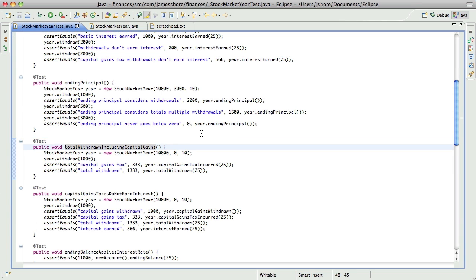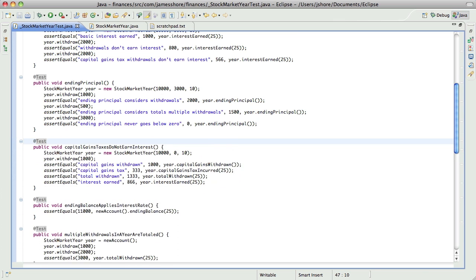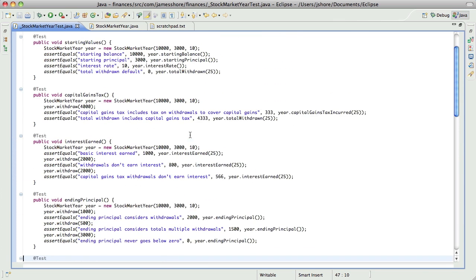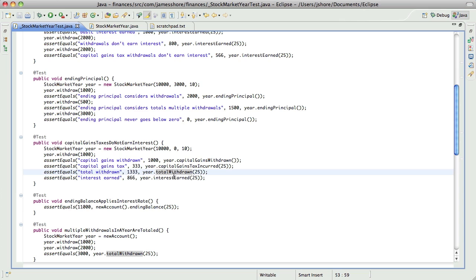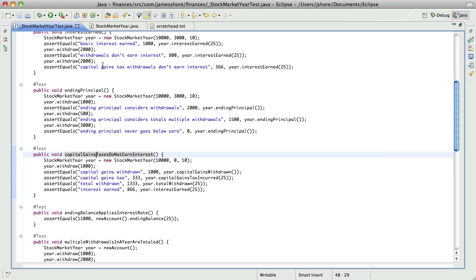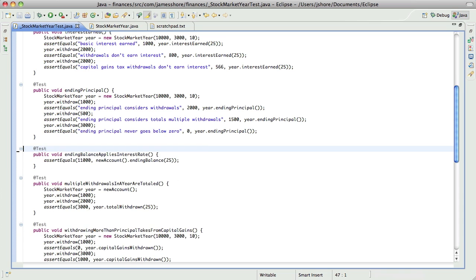See, total withdrawn including capital gains. I think we've covered that. There's some methods that I'm hoping we can get rid of. Capital gains taxes do not earn interest. I think we've covered that. Yeah, capital gains tax withdrawals. There, now we just say ending balance applies interest rate.